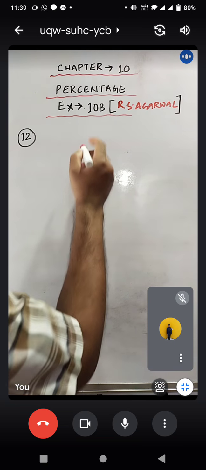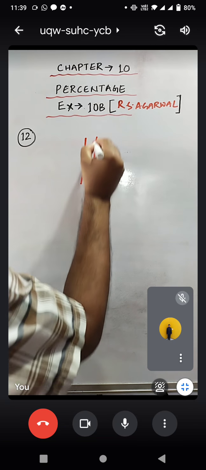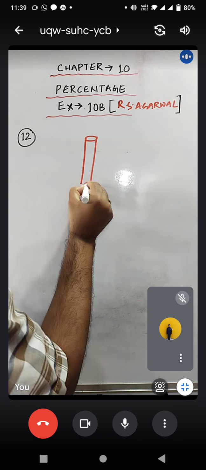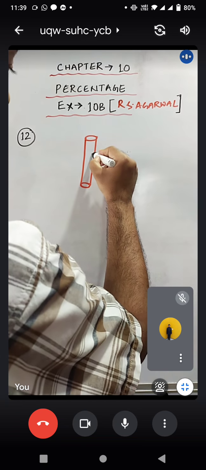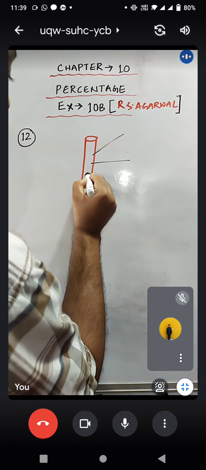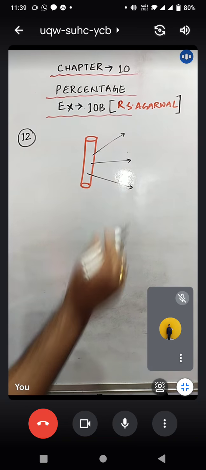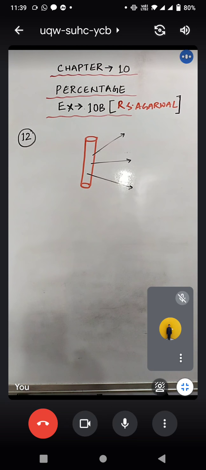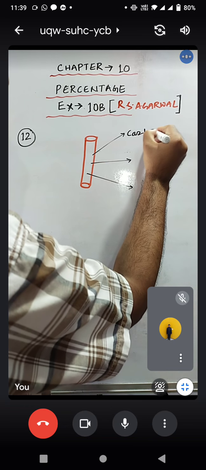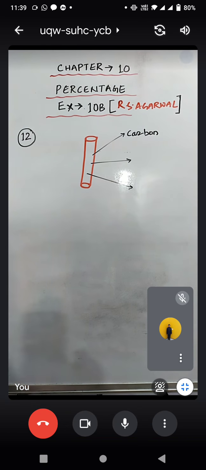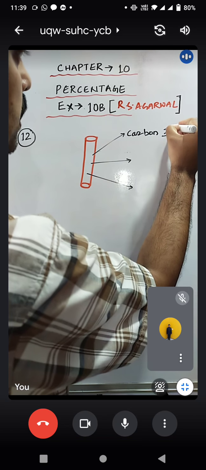So suppose this is a chalk, and this chalk is a combination of three elements. The first element they have named is carbon, and it is having only 3%.